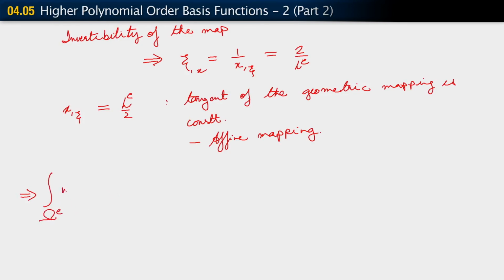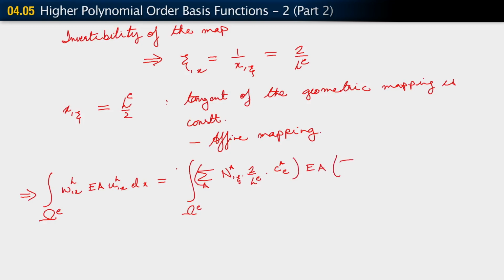The integral over Ω^e of w^h,x times u^h,x dx is now the integral over Ω^e of the sum over A of N_A,ξ ξ,x, but ξ,x we've just concluded is 2 over h^e, times c_A^e, and this is how we write w^h,x.